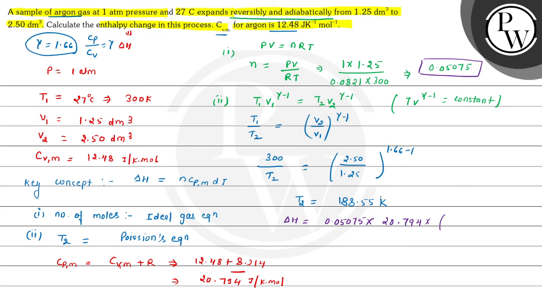So it is 188.55 minus 300. So the value of del H comes out to be 117.6 joule. So this is the value of change in enthalpy.